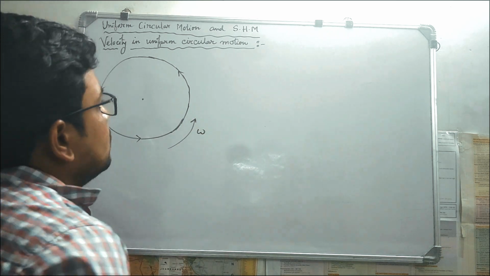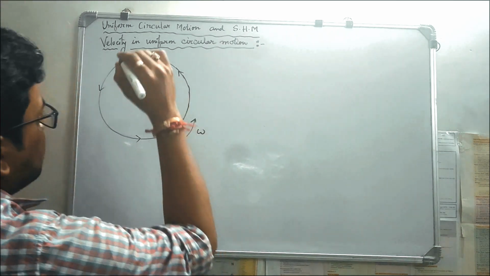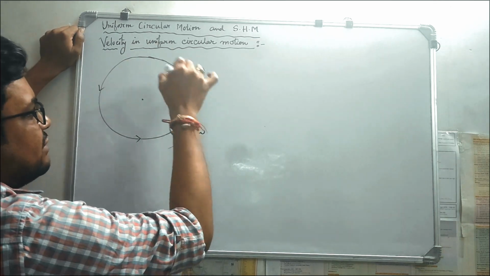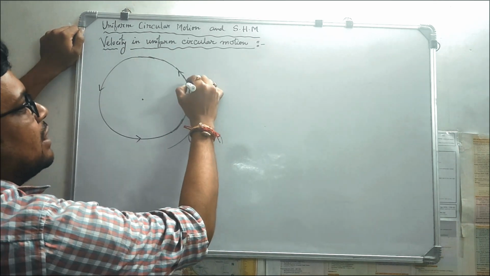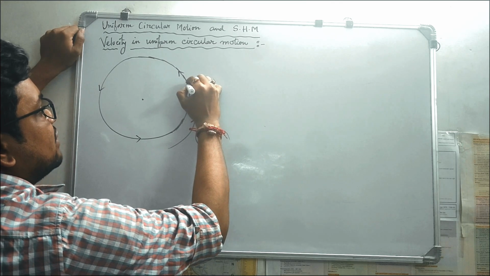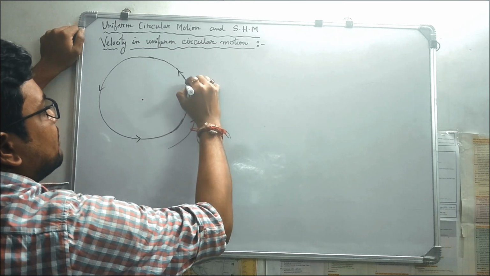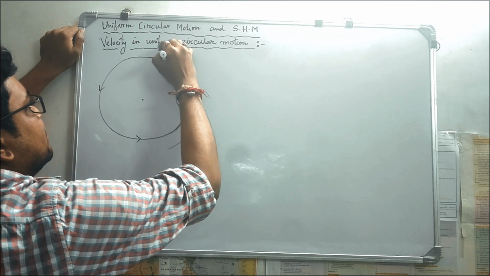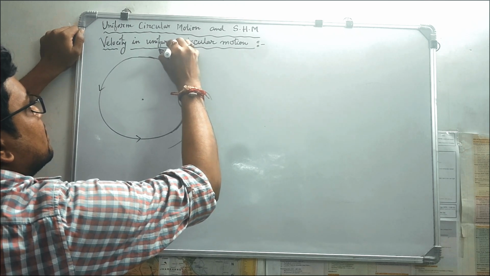Okay, now how the particle is moving, basically in case of circular motion, at each and every point of a circular path the velocity is always tangential, right? Always tangential. For example, if I consider this point, it is always tangential. Why?